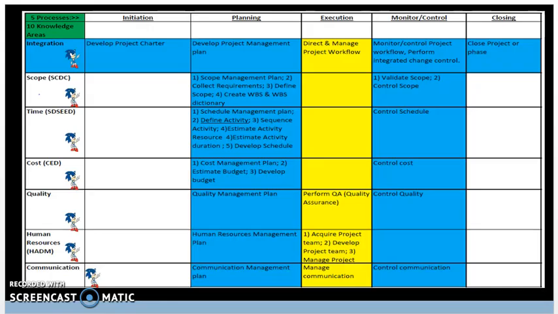Plan Human Resource Management includes the process of identifying and documenting project roles, responsibilities, required skills, reporting relationships, and creating a staffing management plan. The staffing management plan provides a timetable for staff acquisition and release.